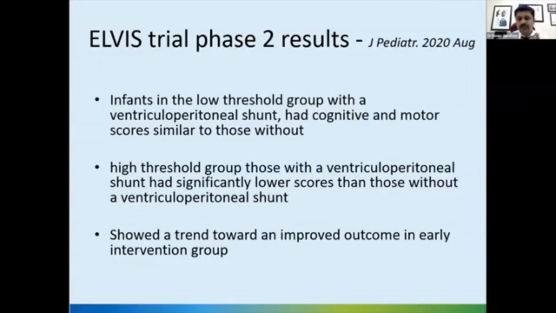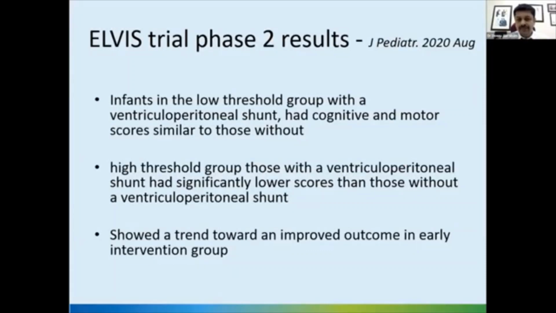In that, there were statistically significant improvements in 2 factors. One, those infants who needed to go on to a ventriculoperitoneal shunt in the early intervention group, even after going on to shunts, the neurological outcome remained pretty much the same. It didn't worsen. In all previous studies, for those babies needing a ventriculoperitoneal shunt, the neurological outcome was significantly worse compared to the other cohort.